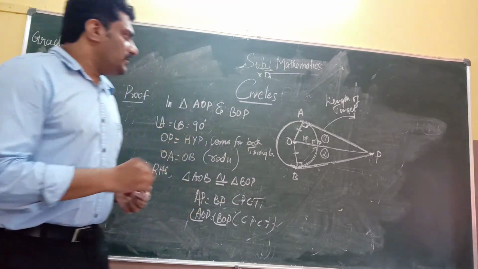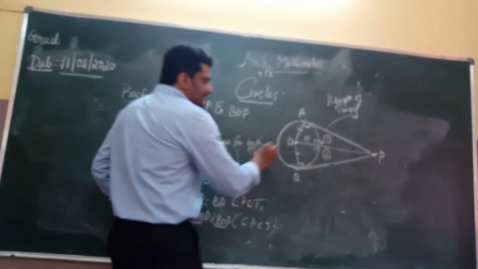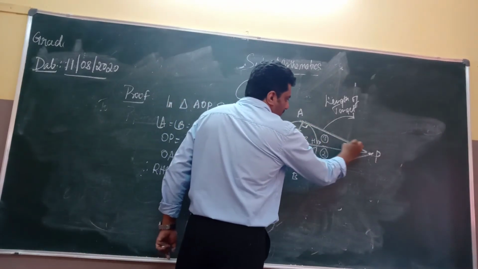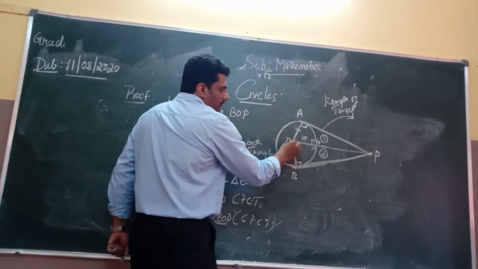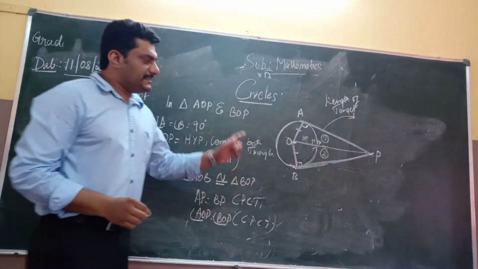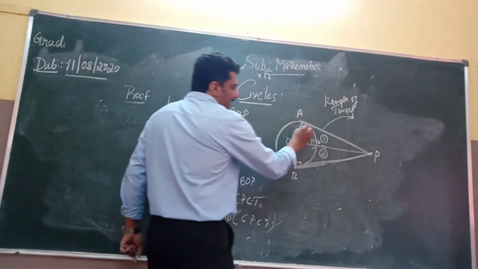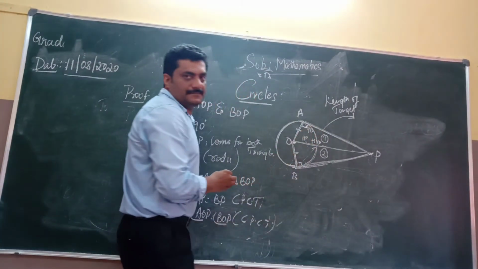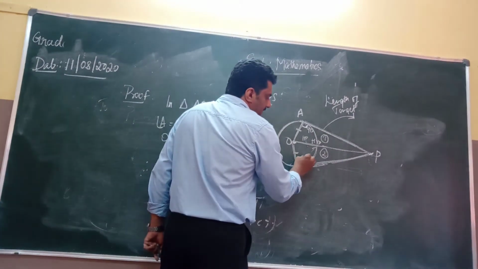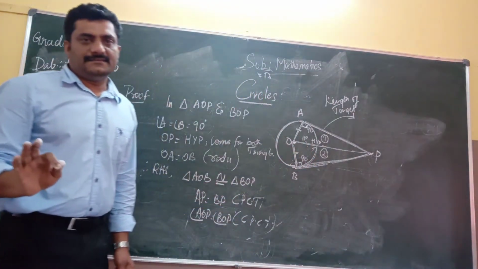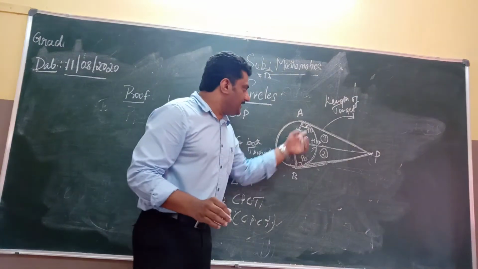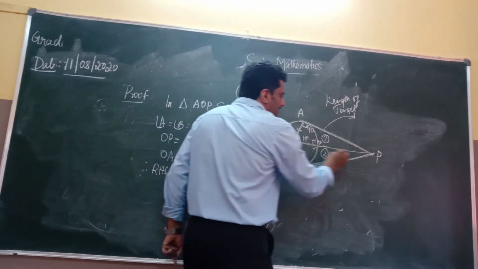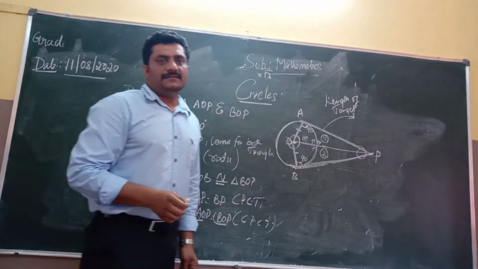I just want to ask you one more thing. See, this is a quadrilateral. Remember this. Now in this quadrilateral, I have 90 degrees here, and this is also 90 degrees. If these two are 90 degrees, how much do this angle and this angle have to be?